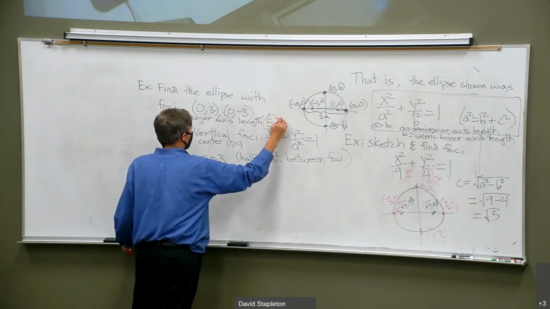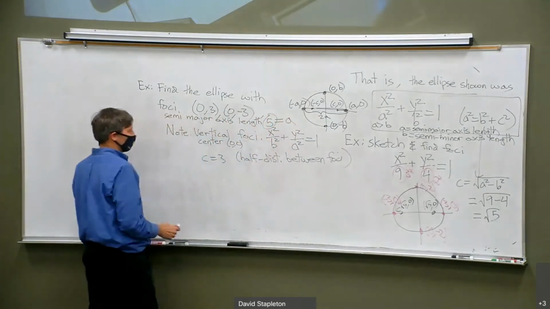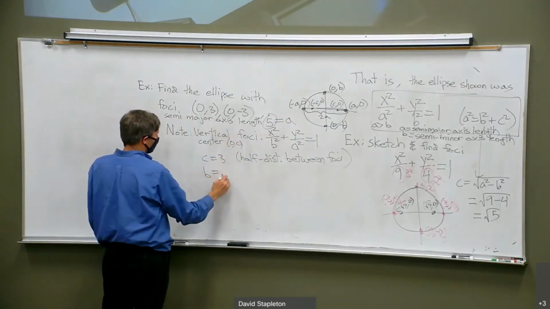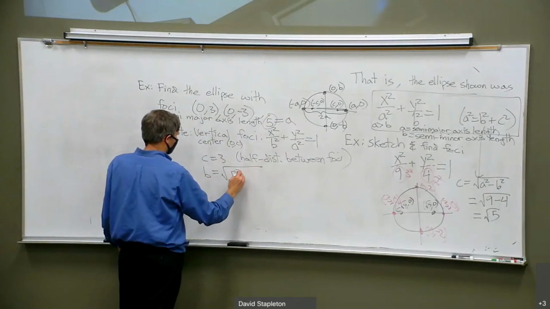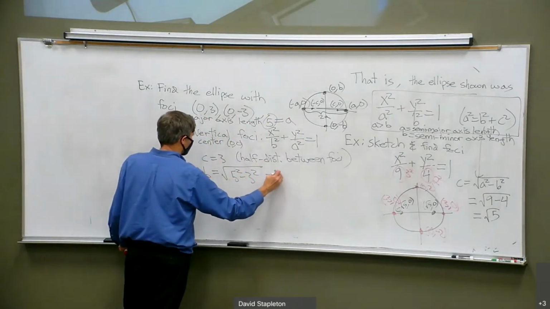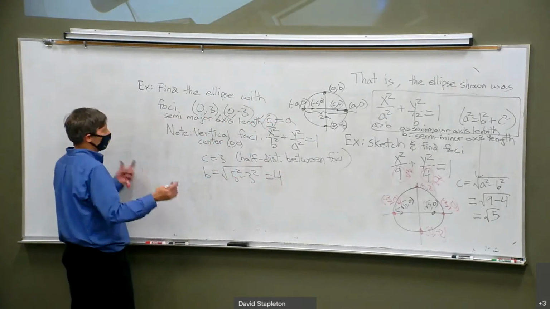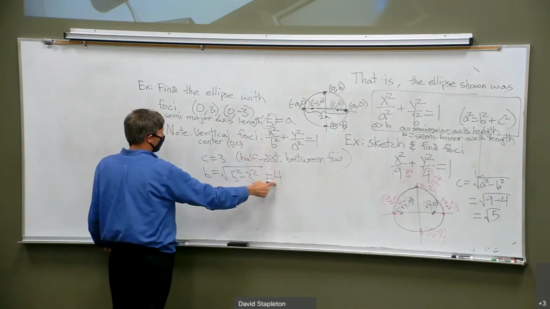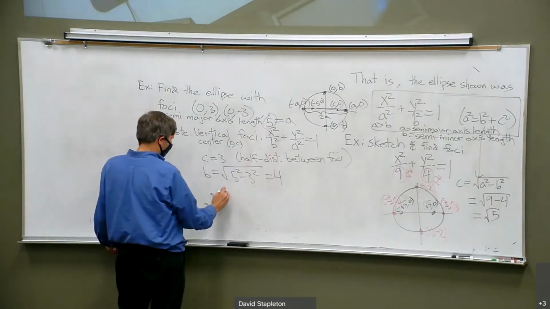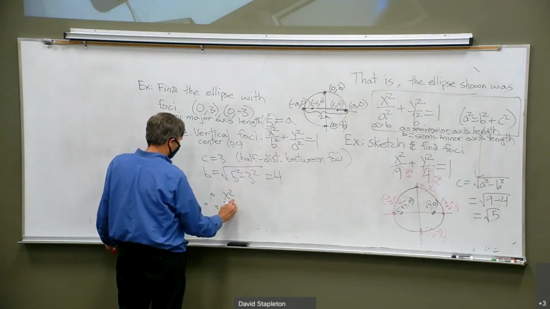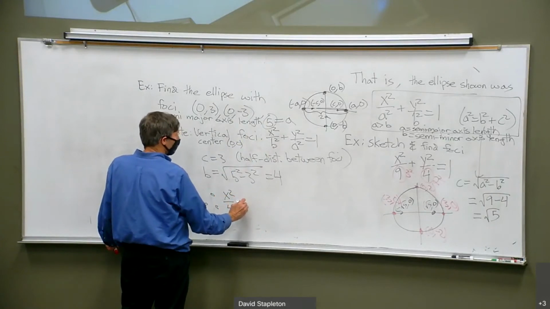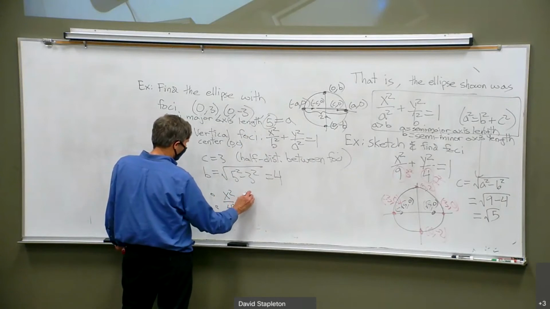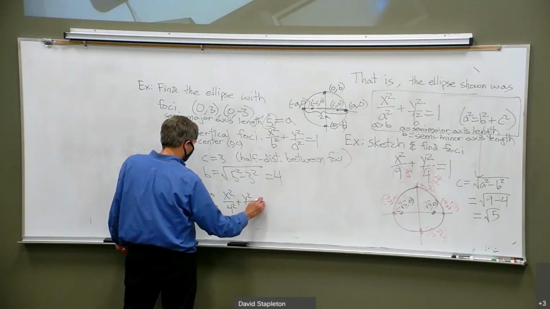Well, semi-major axis length 5 is A. So I have c equals 3, and I'm given a equals 5, so b is the square root of 5 squared minus 3 squared, which turns out to be 4. So I have b equals 4. Now I immediately know the equation. For vertical foci, I use this with this A and this B, right? And I just have x squared over 4 squared plus y squared over 5 squared equals 1. There's my equation.